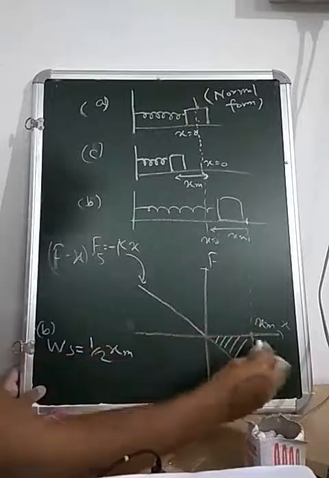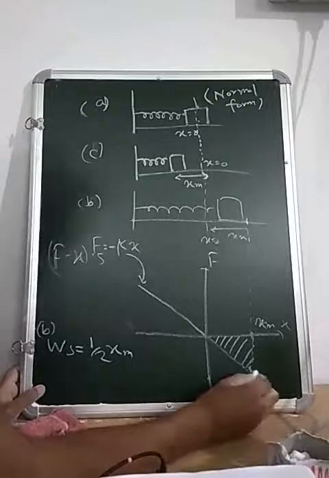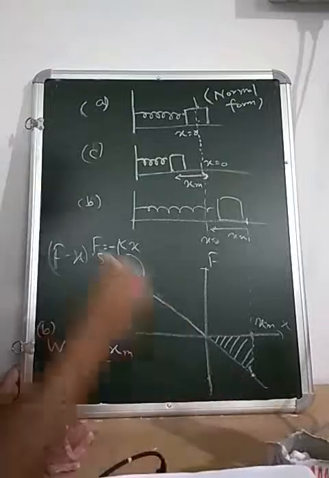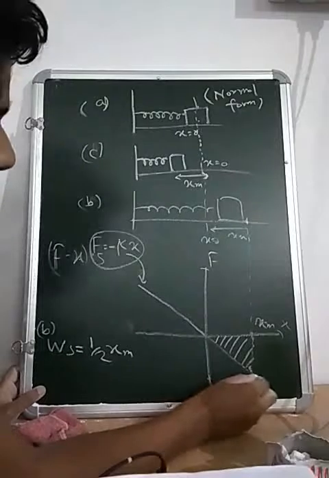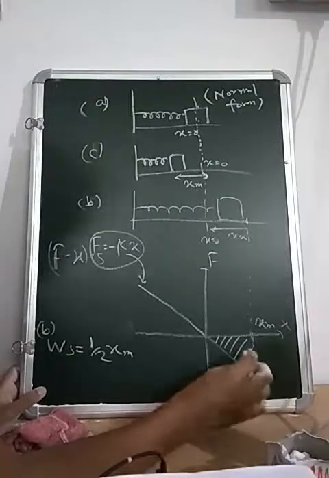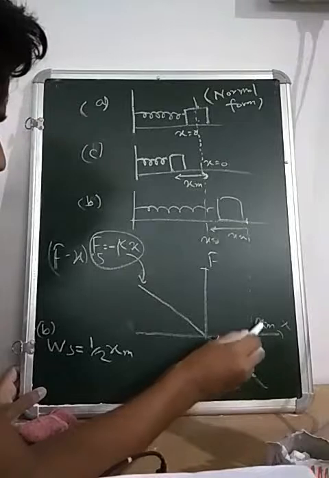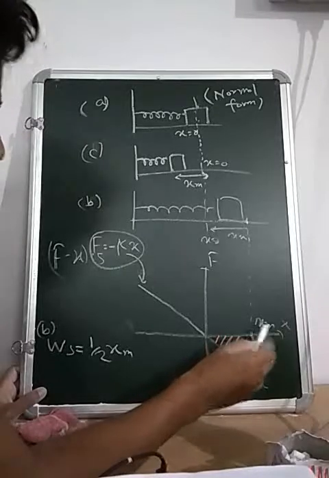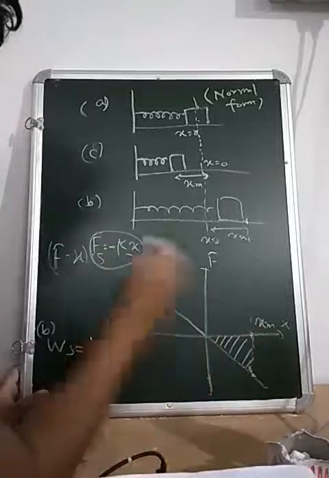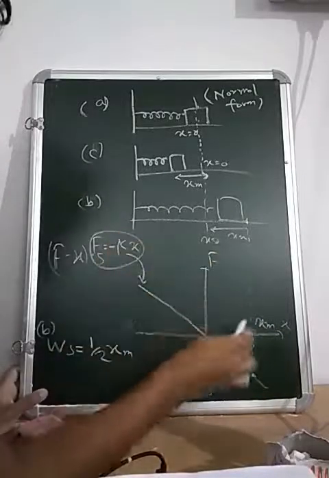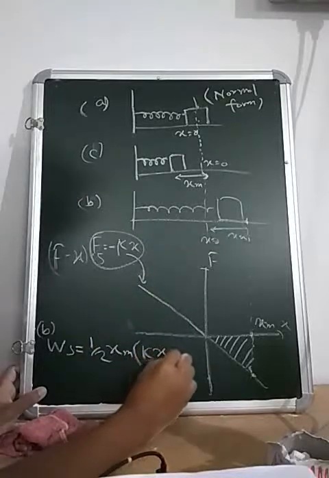So what will be this height? We want the coordinate of this point. We know the graph F is equal to minus kx. So what is the value of x at this point? It is xm. If you put x equal to xm here, what is the value of Fs? It will be k into xm.